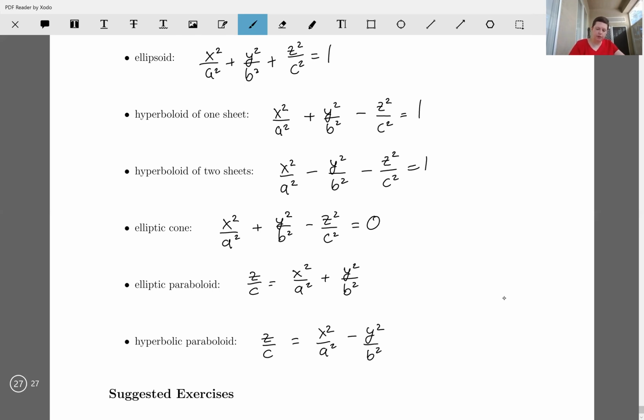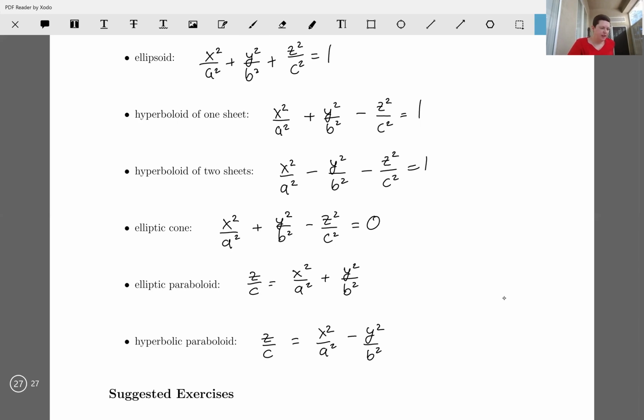If I wanted to sketch that and you wanted to cry, I could, but it looks like two little earmuffs pointing in opposite directions. Right, so it looks like two little cups, one up and one down.